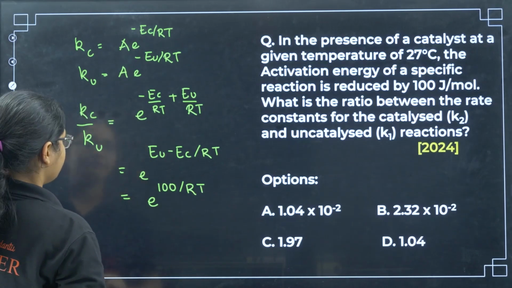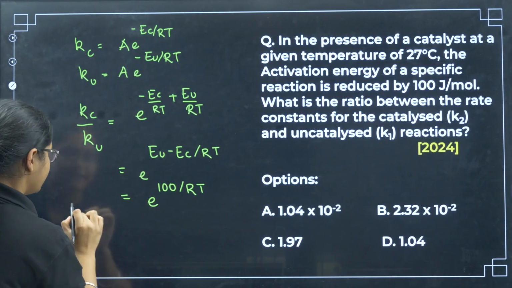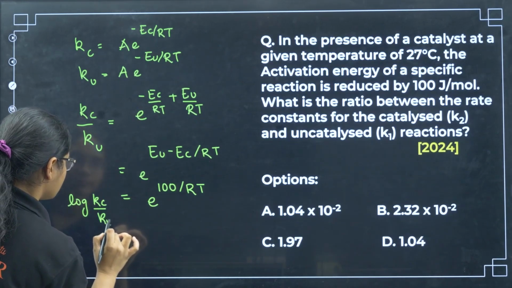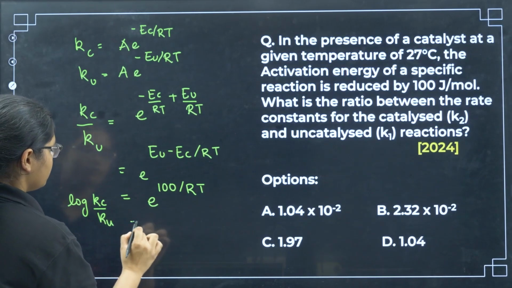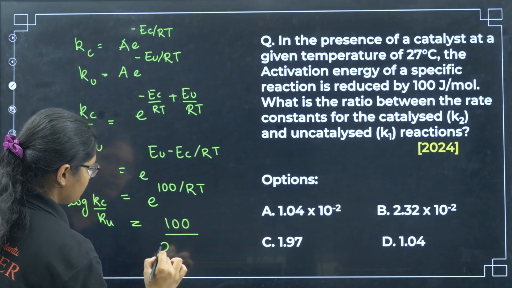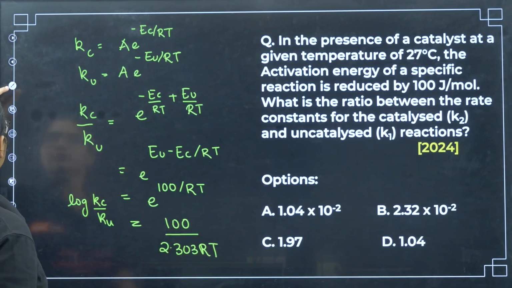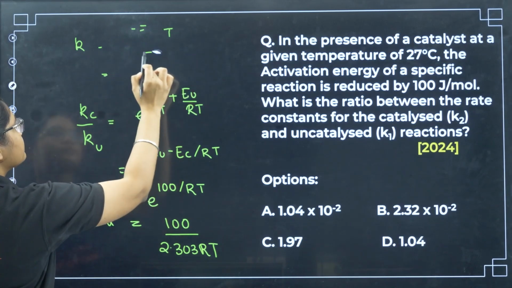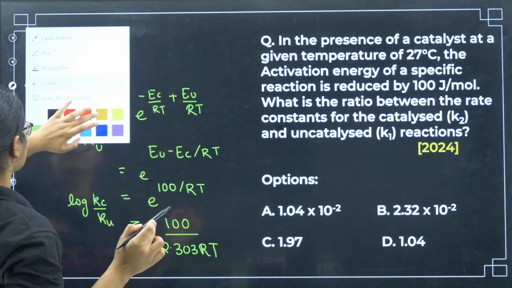Okay, so now what I can do is take log on both sides. So log of Kc by Ku will be equal to 100 divided by 2.303 RT. So basically, if you see here, I'll just erase this part, one second. I was having this value, right?